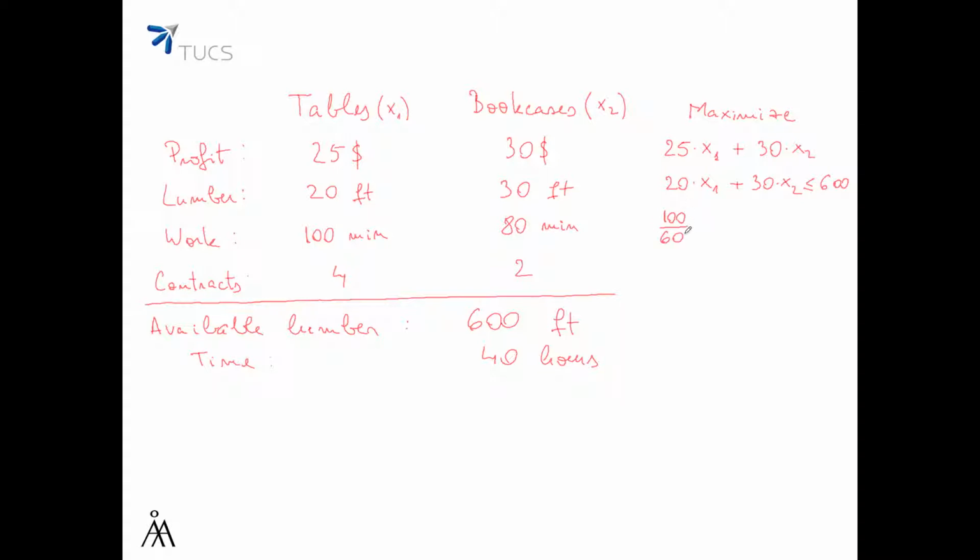He only has at most 40 hours to make his product, so I divide this just to transform from minutes to hours. So 100 over 60 times x1 plus 80 over 60 times x2 has to be smaller than or equal to 40.